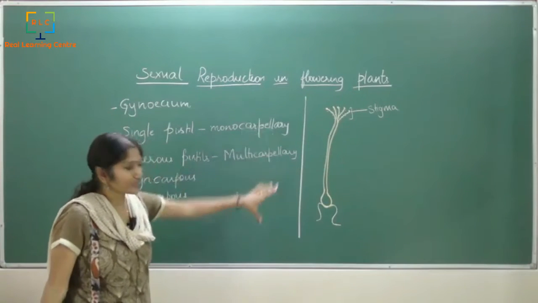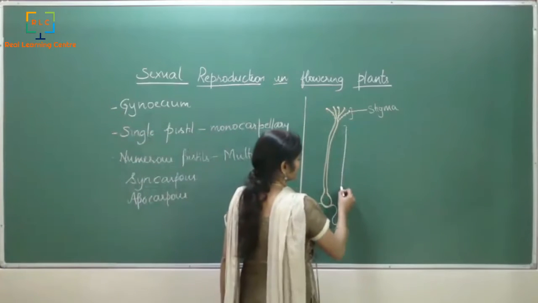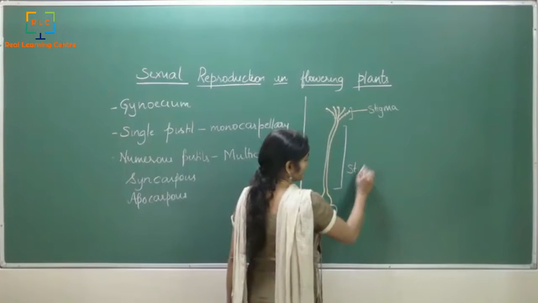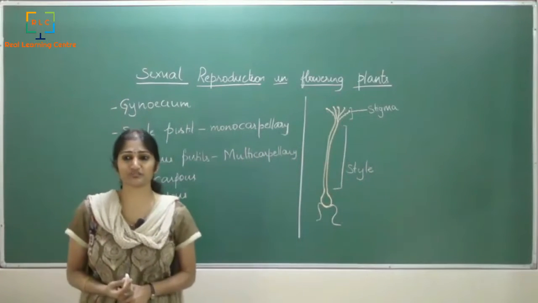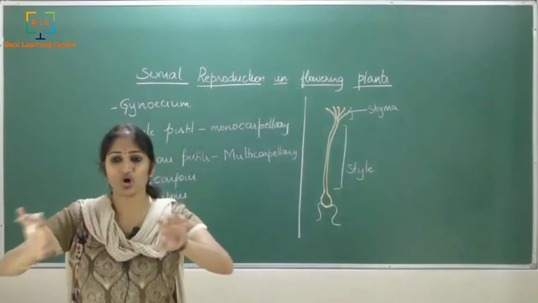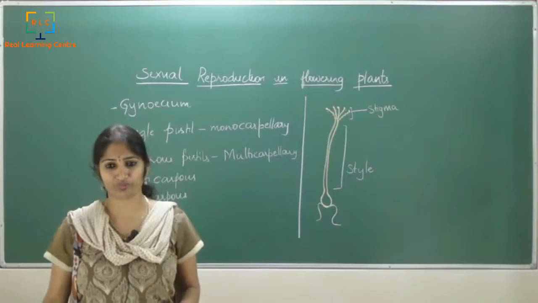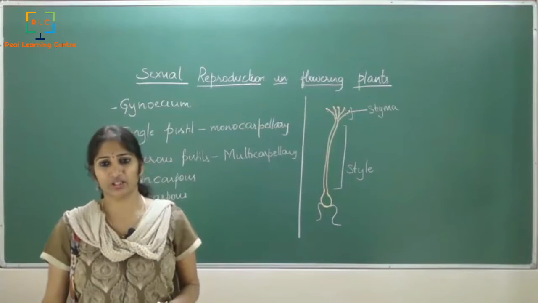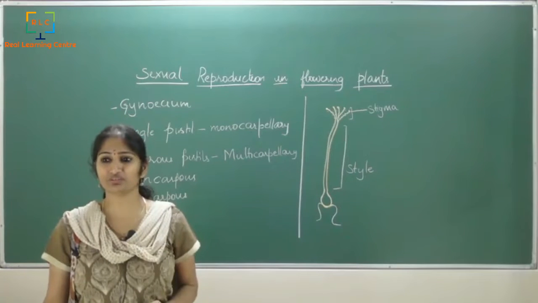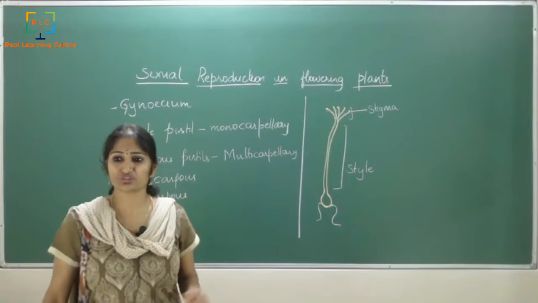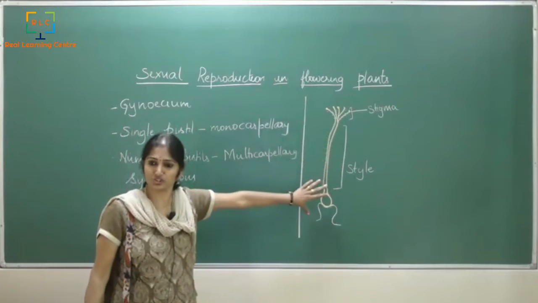Then comes the most elongated region of the gynoecium, which we call the style. Style in biology means a long, very slender tubule, a very small tube. It's a very important part of the flower because it is through this that the pollen grain actually matures, right?